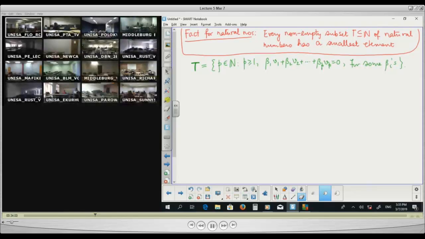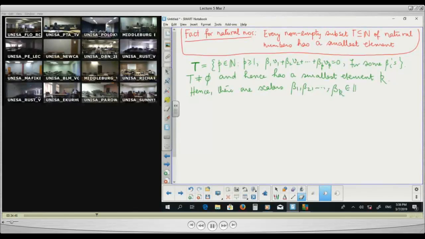And hence, T has a smallest element. Hence, there are scalars such that... what can you say?